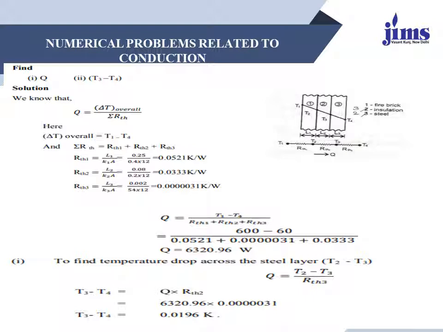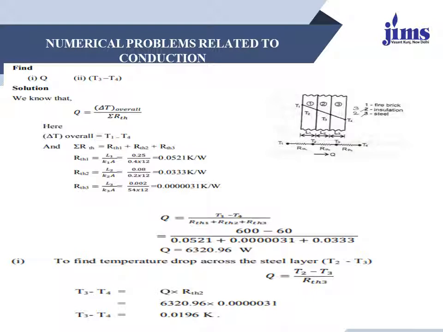The summation of R is R1 plus R2 plus R3, where R1 is equal to L1 divided by K1 A1, R2 is equal to L2 divided by K2 A2, and R3 is equal to L3 divided by K3 A3. A1, A2, A3 are equal to 12 meter square, L1, L2, L3 are the thicknesses of each layer, and K1, K2, K3 are the conductivities of each layer.